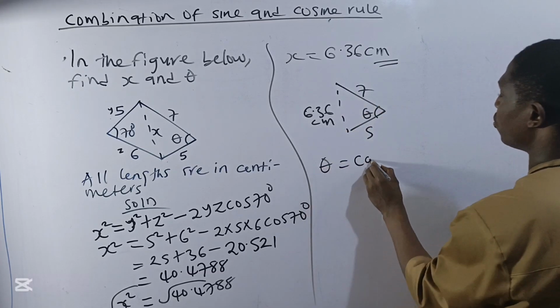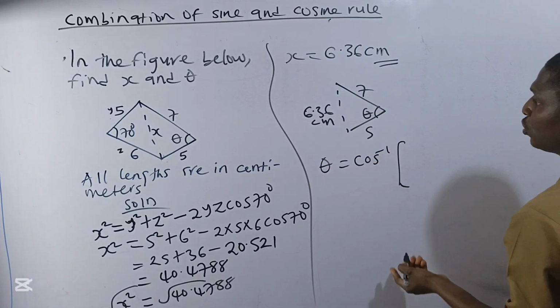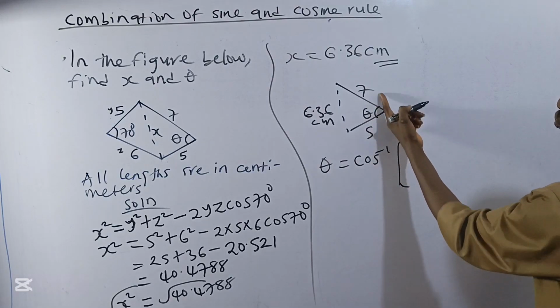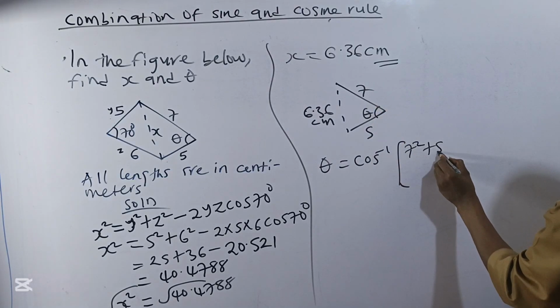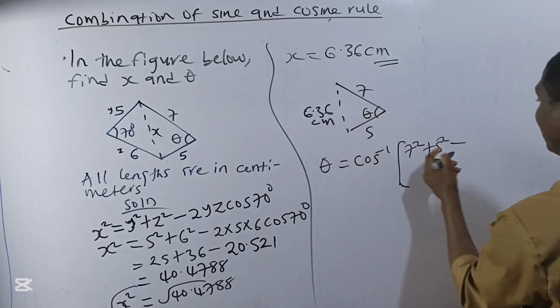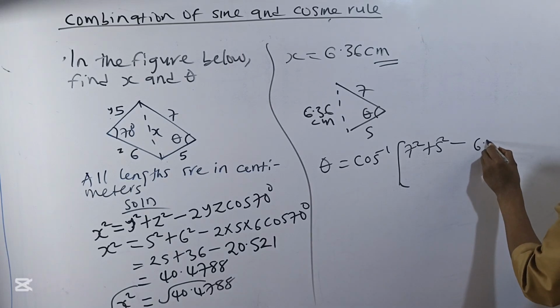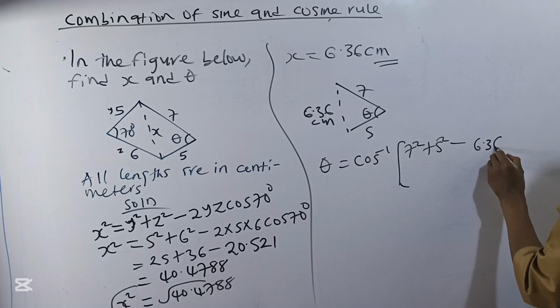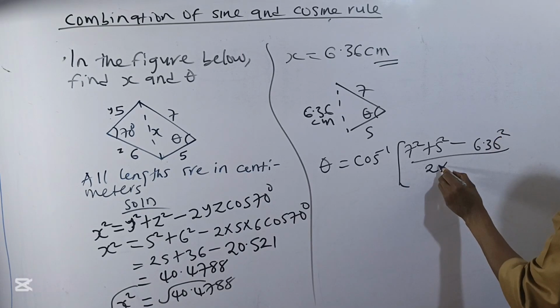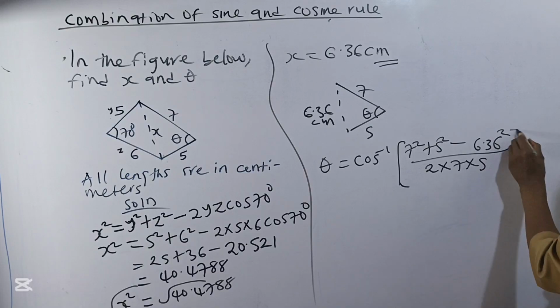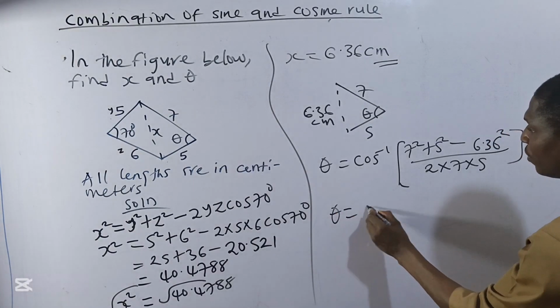My theta will be equal to cos inverse of, I'll just put my values directly: 7 squared plus 5 squared minus the side facing the angle squared, 6.36 squared, all over 2 times 7 times 5.